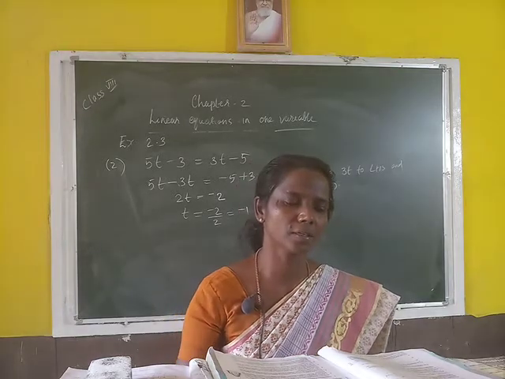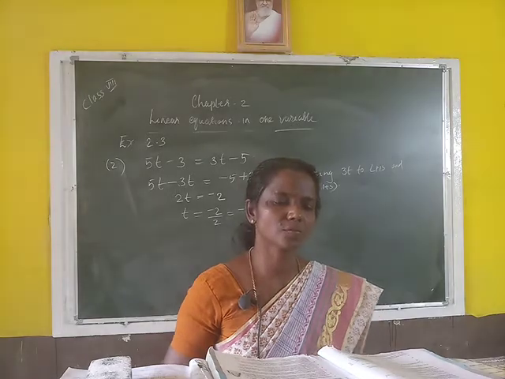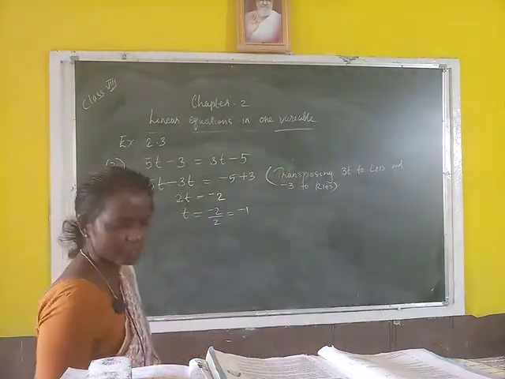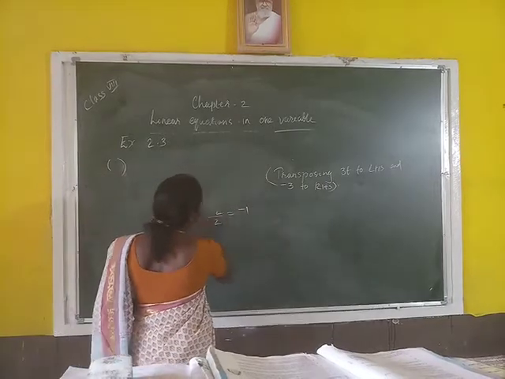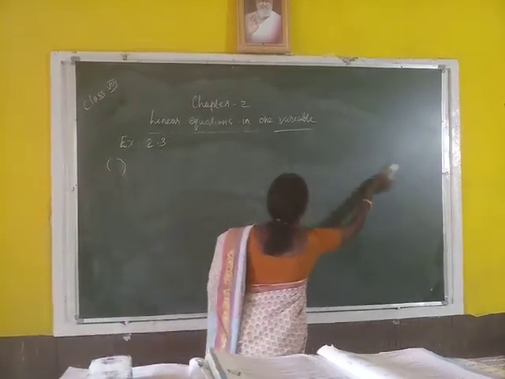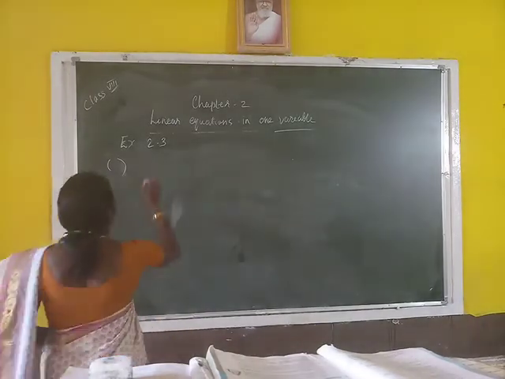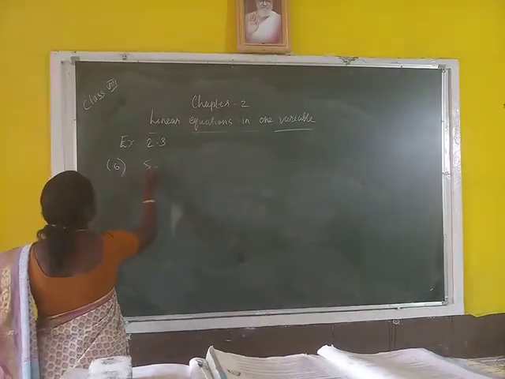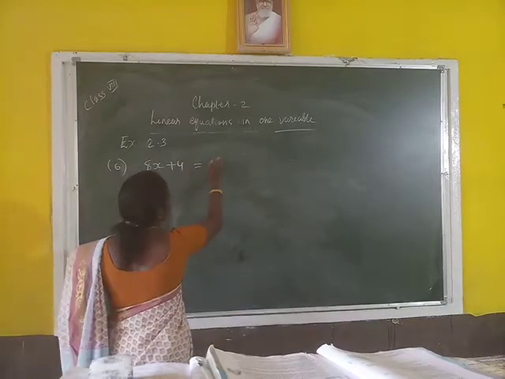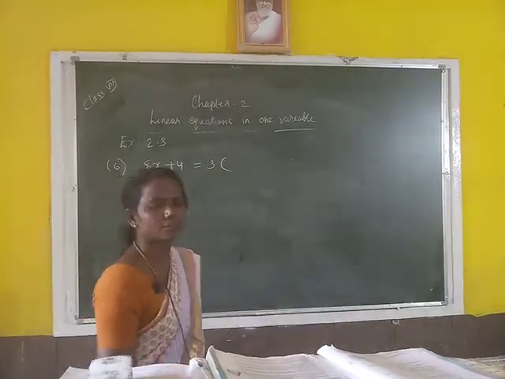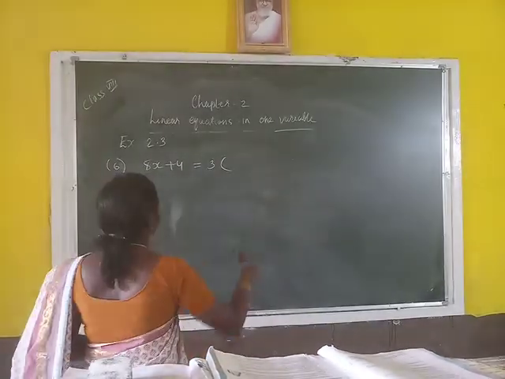Next, question number 6. Look, 8x plus 4 is equal to 3 bracket, which number? x minus 1 plus 7.